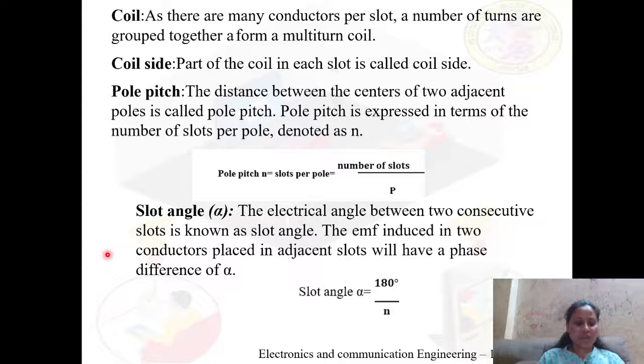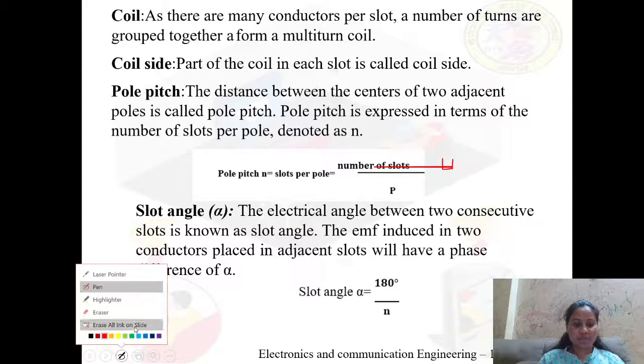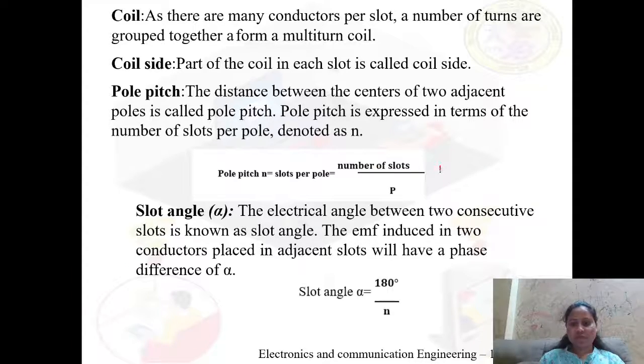Okay. Let me just show. If this is a single slot, another slot, this is a conductor and this is another conductor.